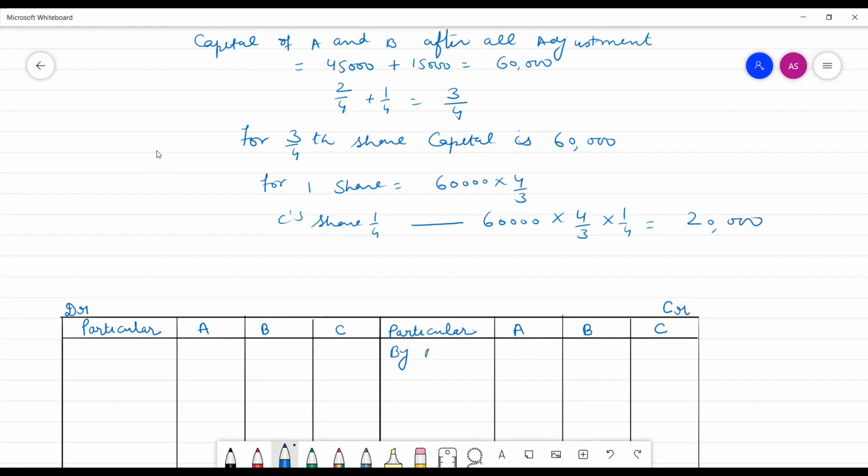There would be no change in A and B's capital. We have calculated only C's capital by bank, that is 20,000. There is no adjustment of A and B's capital, only the adjustment of C's capital.